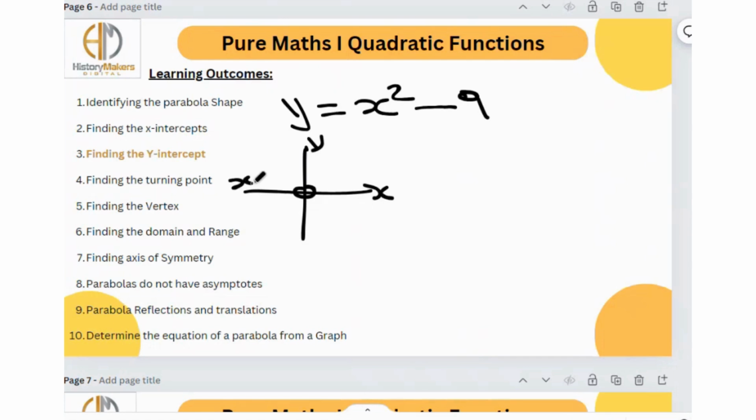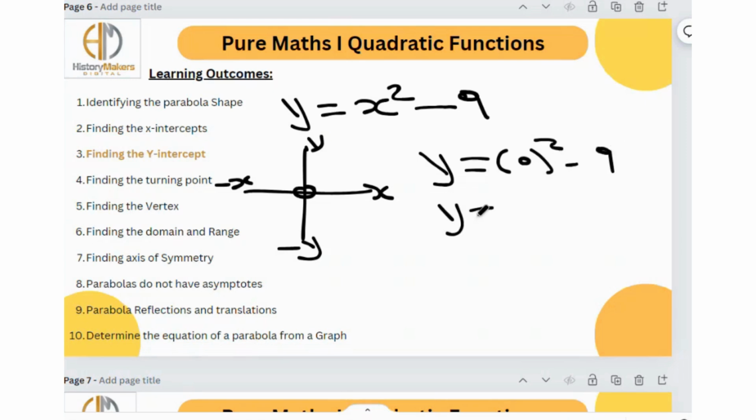Where y is equal to 0 is this point, but where x is 0 is also this point. So you will have to make x equal 0 for you to get y. What that means is that in our equation, x is replaced by 0, giving 0 minus 9, which eventually will give us -9.